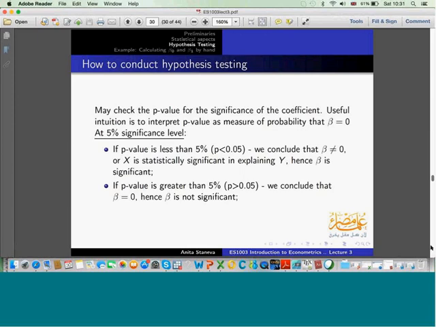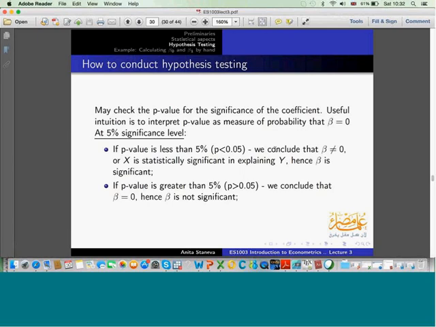If we take the 5% significance level, and as I said, you as a researcher determine at what significance level you want to reject the hypothesis that you're testing, then if my p-value is less than 5%, we conclude that beta is not equal to zero, or our x, our explanatory variable, is statistically significant in explaining y.